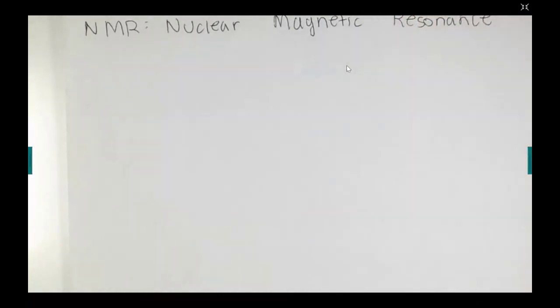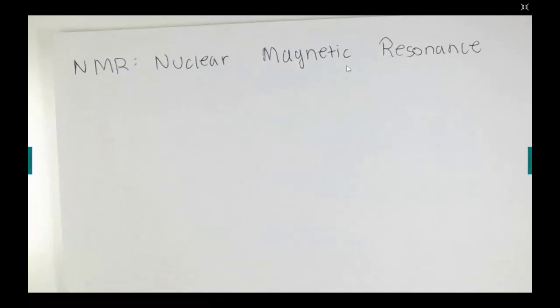When you look at protons under a magnetic field, you're going to see that they will align within that field, but it takes a larger amount of magnetic field to align protons that are heavily shielded by electrons, versus ones that are more deshielded, which are easier to flip.